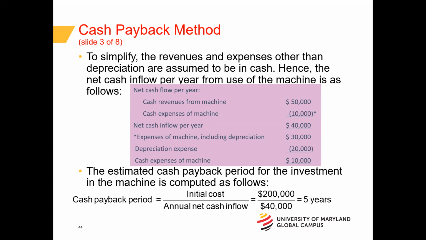To simplify, we take our cash revenue from the machine minus the expenses equals the net cash inflow from the machine of $40,000 per year. We have other expenses such as depreciation, totaling $30,000 minus depreciation of 20,000 gets us to the cash expenses of the machine of 10. That's how we found the cash expense of the machine.